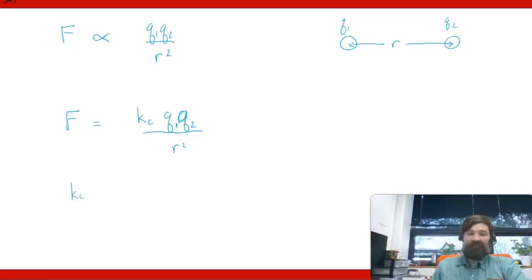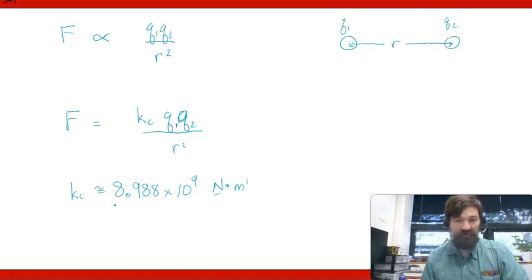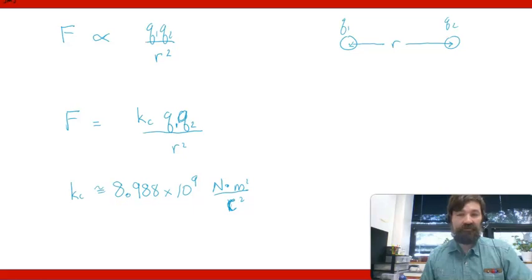This K sub C is what's called Coulomb's constant. It has a value of approximately 8.988 times 10 to the positive 9 newtons times meters squared divided by coulombs squared.